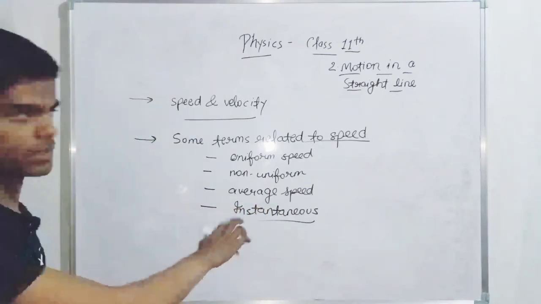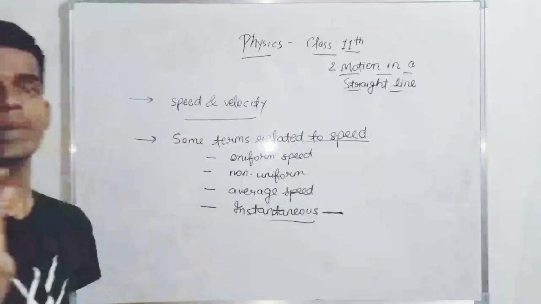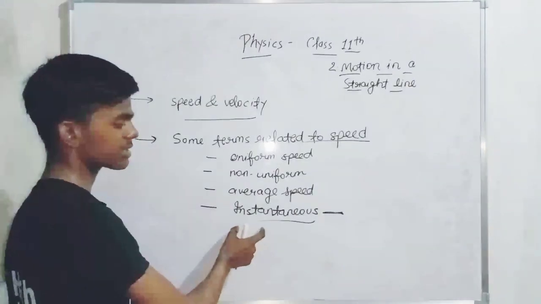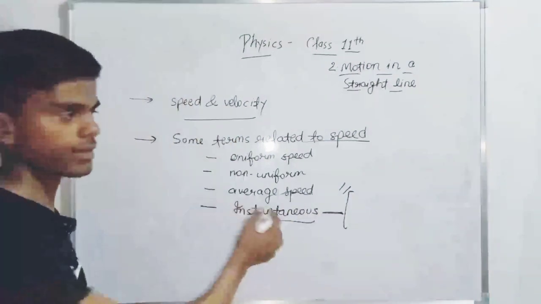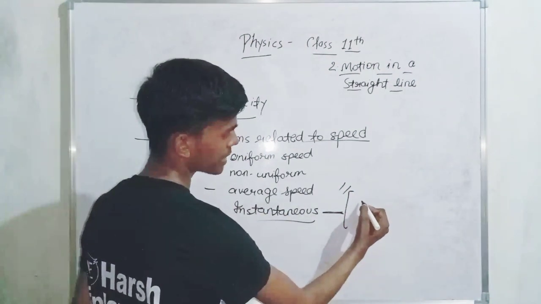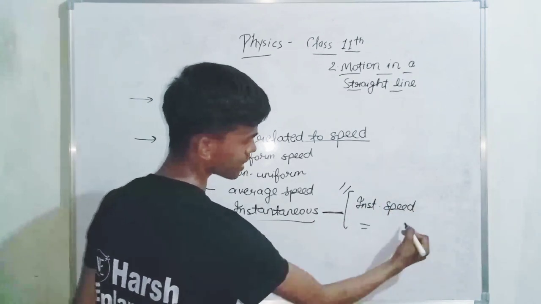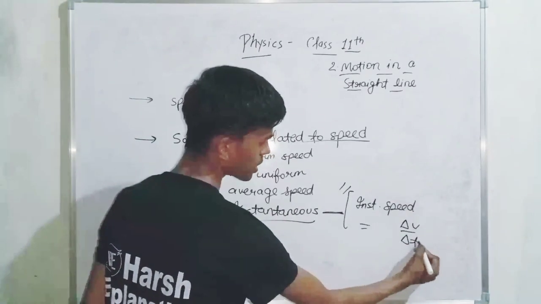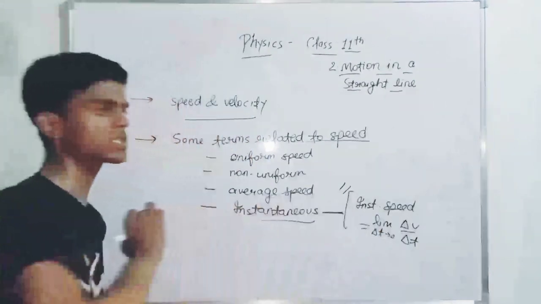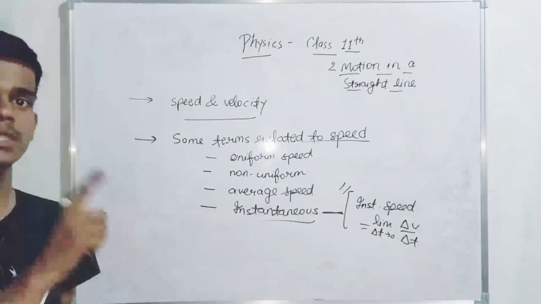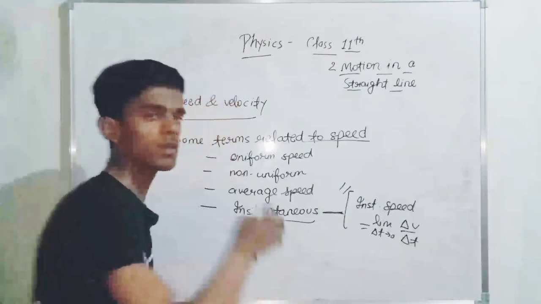The speed of a body at a particular instant is defined as instantaneous speed, and its expression is the change in distance upon change in time, but with the change in time tending to 0. Because it is the speed of a body at a particular instant, the change in time becomes 0.